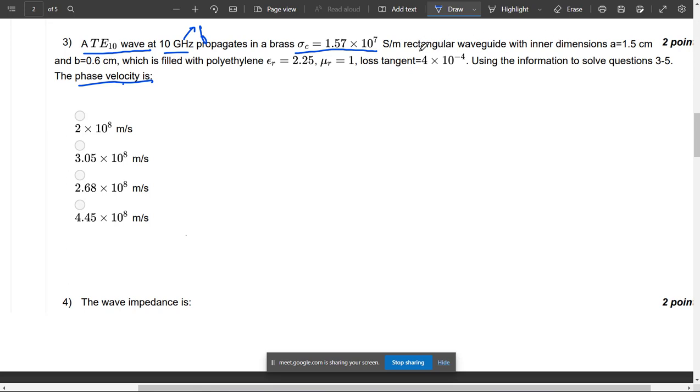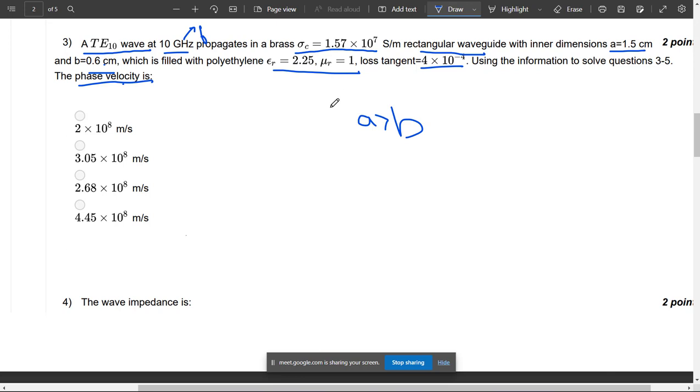It is given that it is a rectangular waveguide, the structure of the waveguide. Now inner dimensions are given. Note that A is equal to 1.5 centimeter and B is equal to 0.6 centimeter. This means that A is bigger than B, right? Loss tangent is given to us. Let's see how to solve this question.